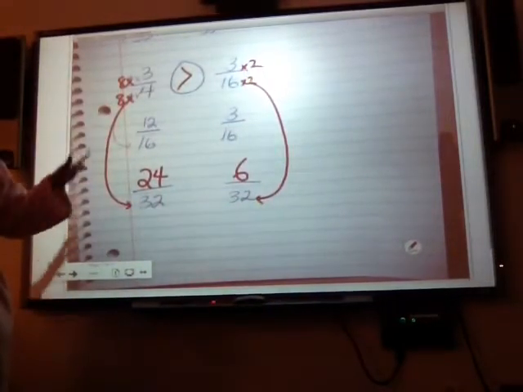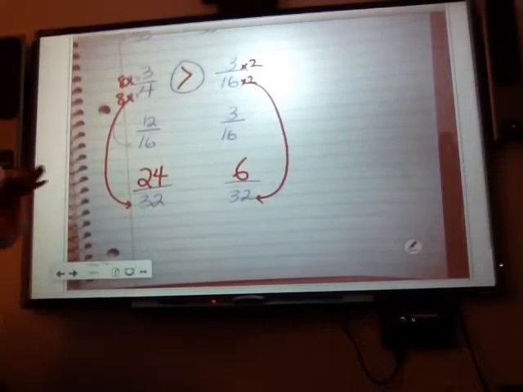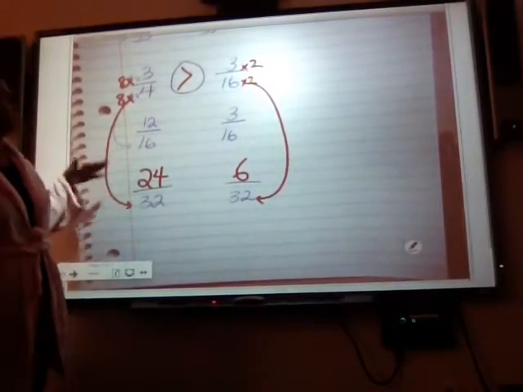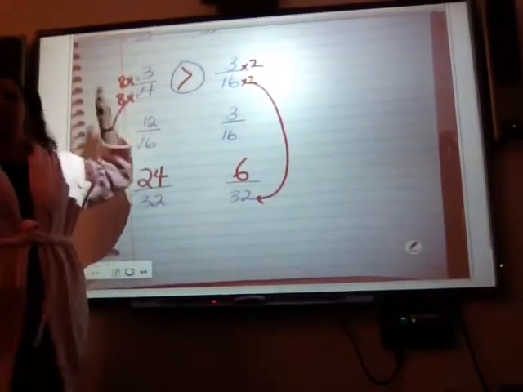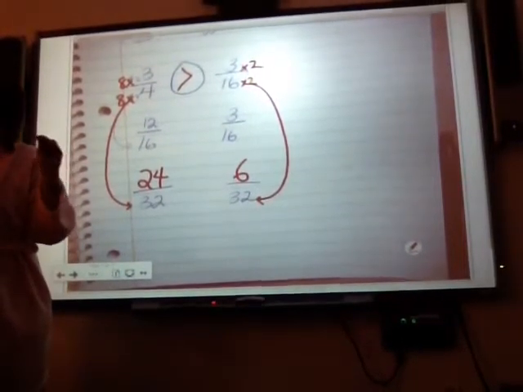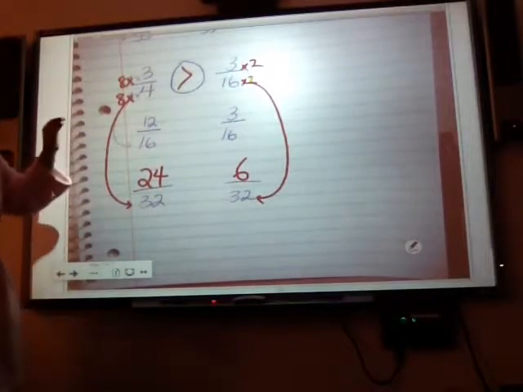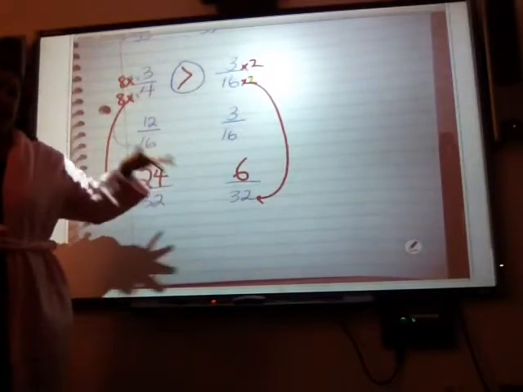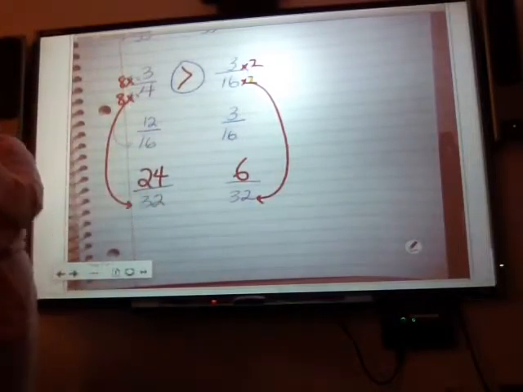So, John said originally, well, can't you just multiply your two denominators? The answer is yes. But I'm going to show you something here in a minute. I'm showing you this, recreating and making new denominators, because tomorrow you're going to be adding and subtracting them.